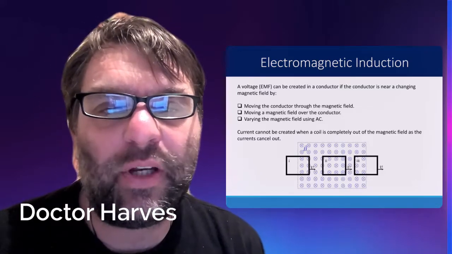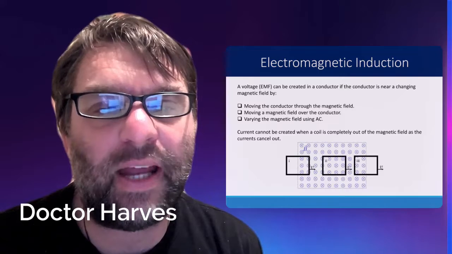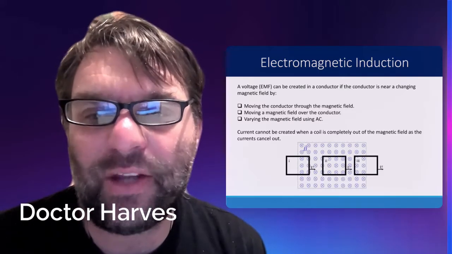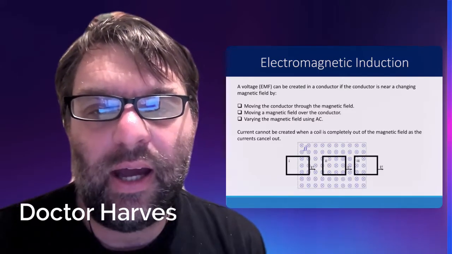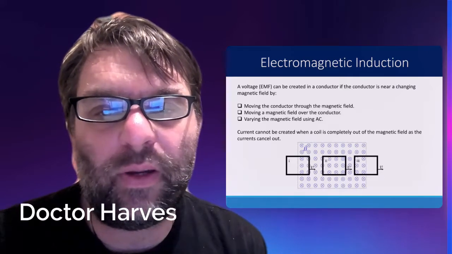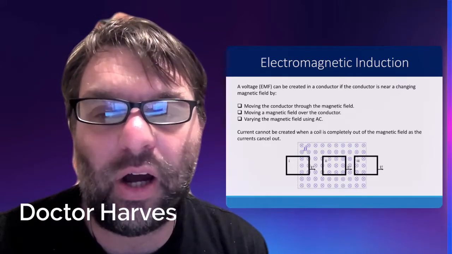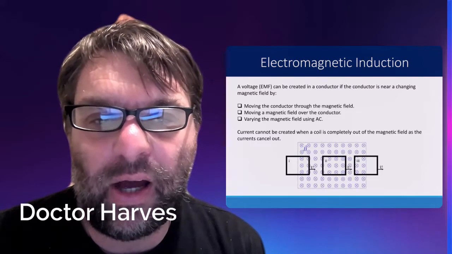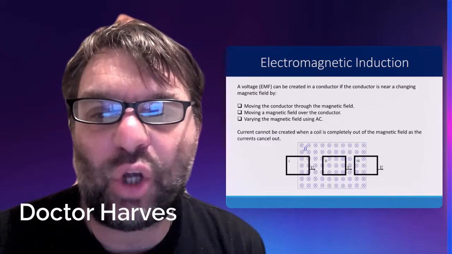The current cannot be created when the coil is completely out of the magnetic field, as the current cancels out. So this is basically a loop moving from point I to II to III, and you'll see on the right-hand side the associated voltages.